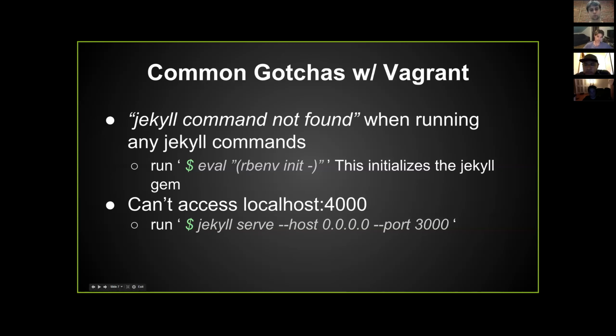The other thing is Vagrant is set up specifically to forward port 3000 to 3030, and that's how we access the localhost. But as far as Jekyll goes, the default is 4000. And the default for the host is 127.0.0.1, which forwards localhost and doesn't work, so you have to put in all the zeros.